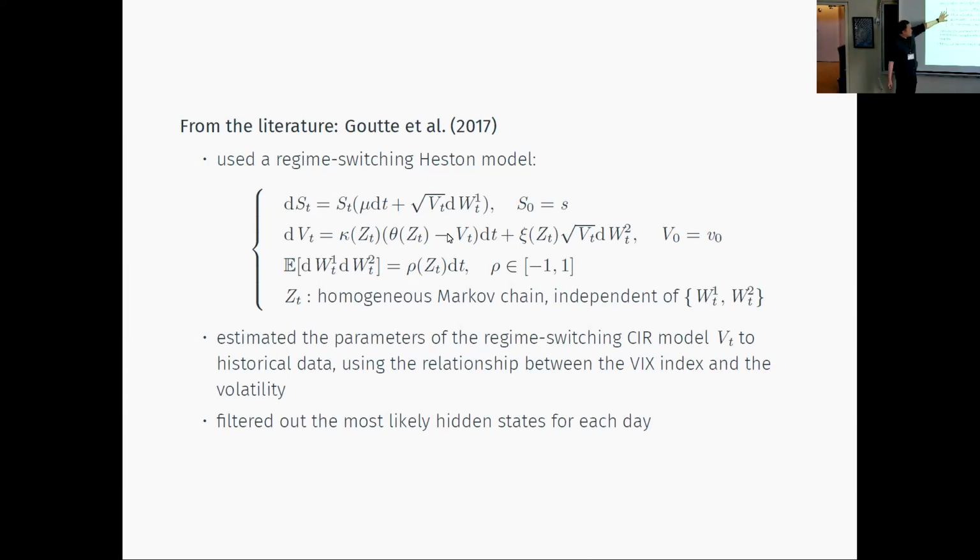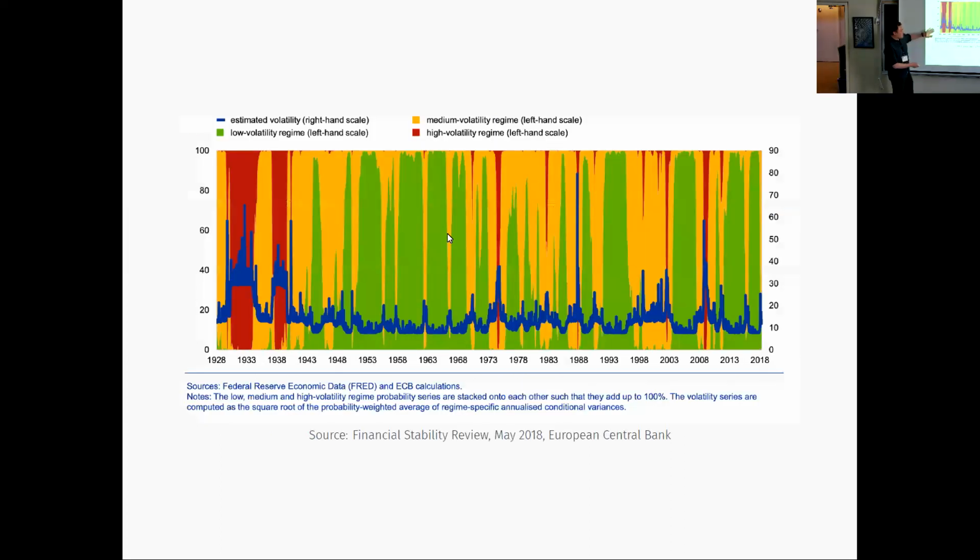Okay, so the interesting part is the Markov switching CIR model here, but we do have some challenges because usually when you have a hidden Markov model and you want to estimate the parameters from data, you have something that is observable and unobservable. For example, in this example, the observable variable is the value of the Standard & Poor's 500 index, and the unobservable is the hidden volatility state.